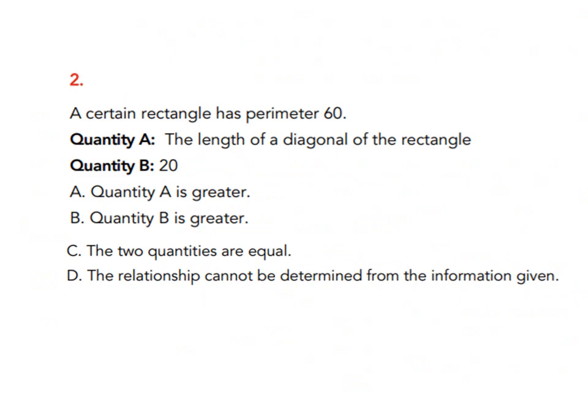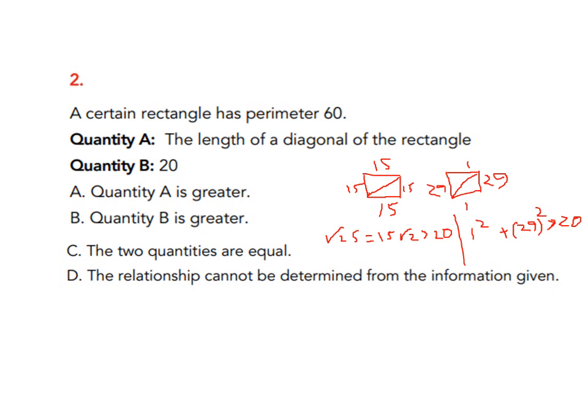In the second question, a certain rectangle has perimeter 60. The length of a diagonal of the rectangle. Well, we don't know whether the rectangle is a square or has different lengths for the height and width. So we will take two examples.